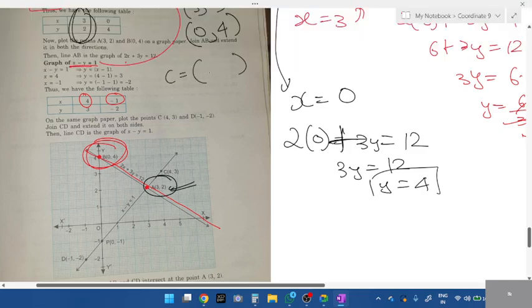C, I can take it as 4 comma 3, and D is minus 1 comma minus 2. Can you see points C and D, what they have marked? Is it clear, students? Did you all understand? C and D. Then they just cross the values like this.